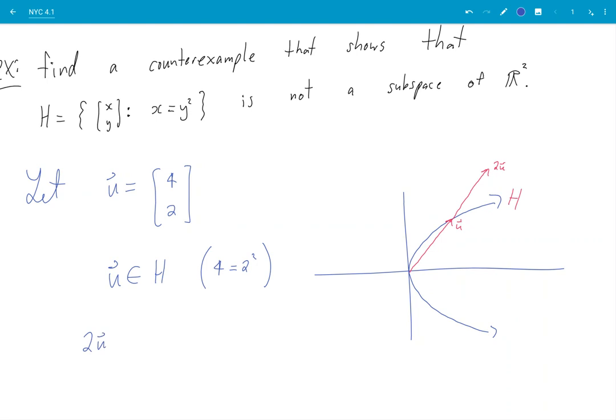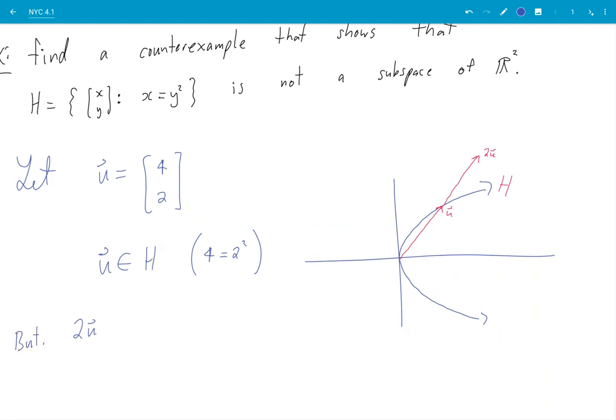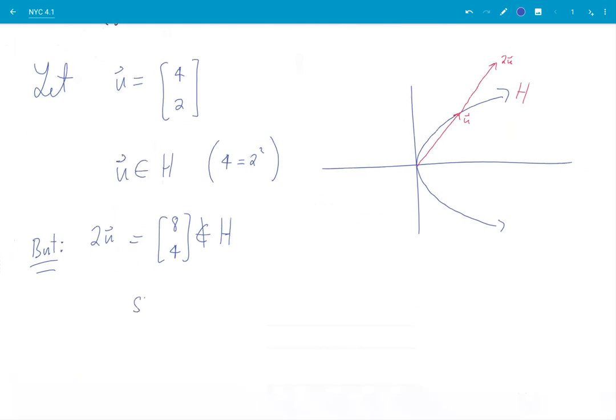But 2U, which is (8, 4), is not in H, right? Since 8 is not equal to 4 squared.